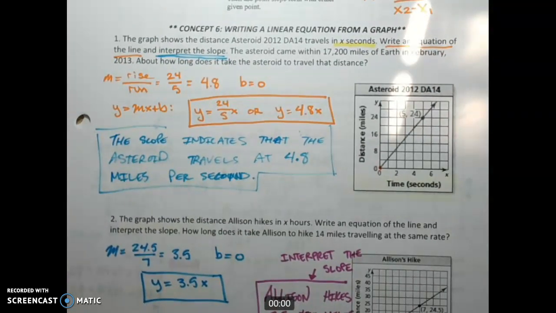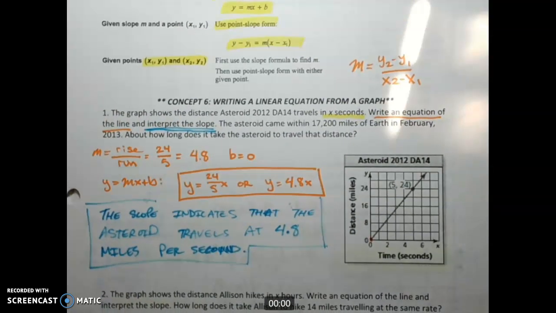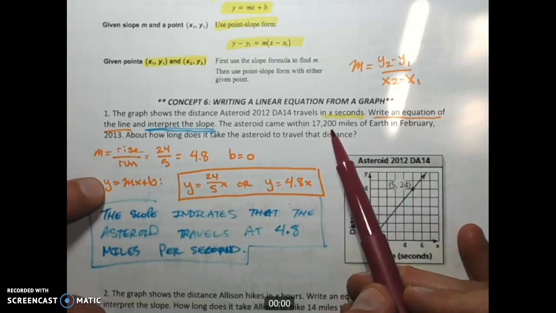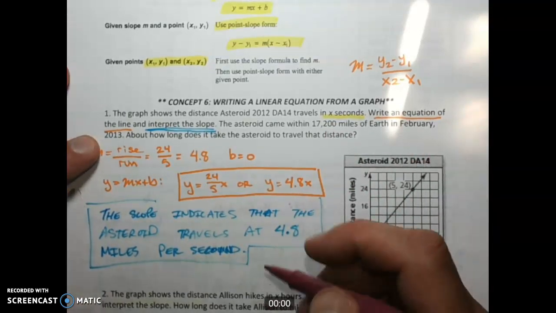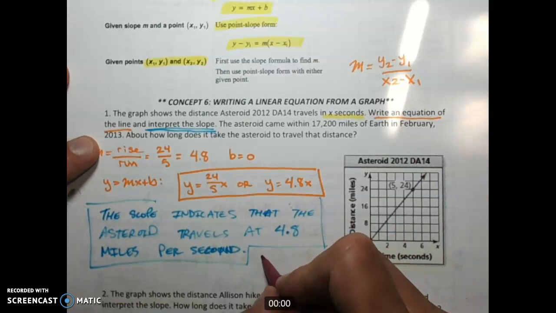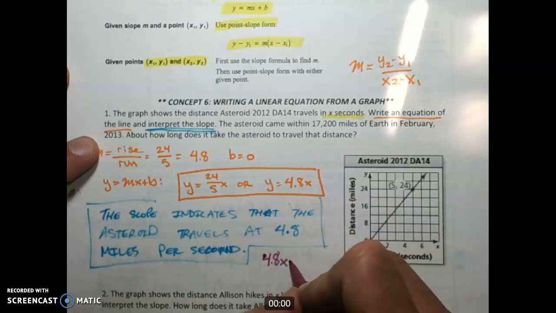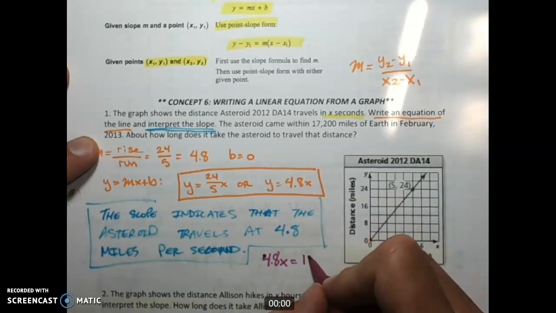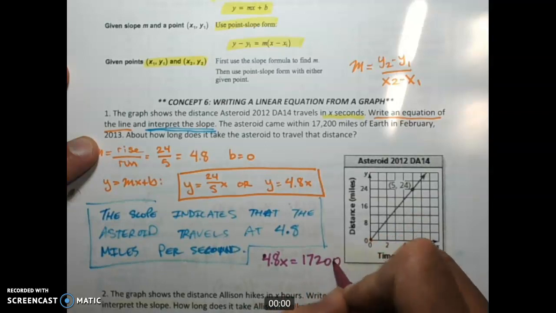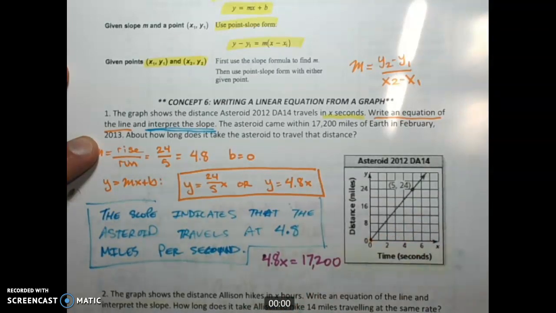And then the last part is how long does it take the asteroid to travel 17,200 miles? Alright, so all I'm really going to do is put 17,200 in for y. So when I do that, I get 4.8x equals 17,200.